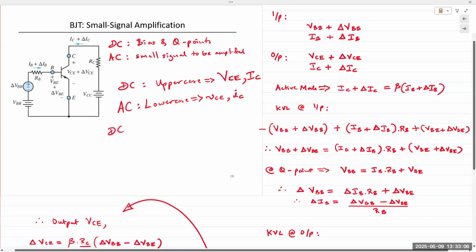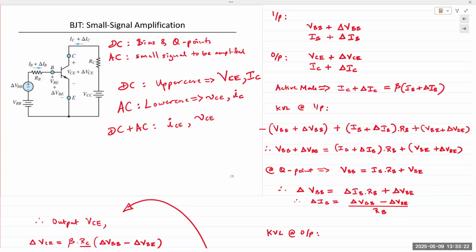And if it's both DC plus AC, then the quantity is lowercase, and then subscripts are uppercase. Okay, subscripts are uppercase. This is standard procedure. In our book, for explanation purposes, what the author is using is delta, just to describe it as a change in the voltage and a change in the current.